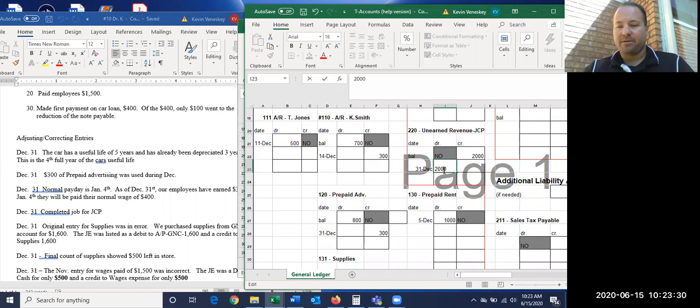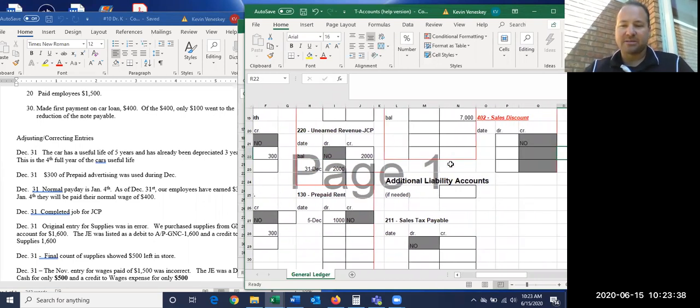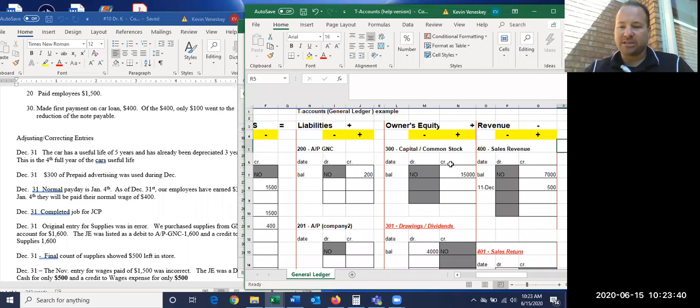I had a debit of $2,000 to my unearned revenue account. I owe them $2,000 less because I actually did the job. On 12/31, I show a $2,000 credit to my revenue, and my revenue account is increasing.